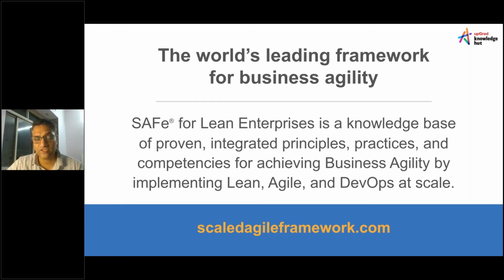Think about HR, for instance, one of the very critical functions. Of course, they're not delivering value directly to the customer, but are they not supporting our IT or software organizations and software teams? The way they support is by providing the right skilled person at the right time. So if we are thinking about bringing in agility across the board, business agility as we call it, we need lots of teams, everyone having that lean-agile mindset.